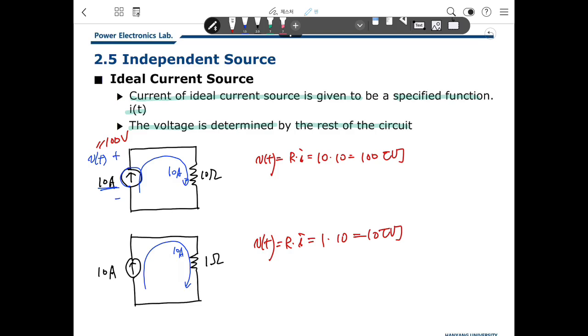So in this case, Vt is 10 volts. So we have the same 10 amp current source, but the voltage taken at the two terminals is different. Why? The current source supplies the given current, so the voltage is determined by the other circuit in this way.